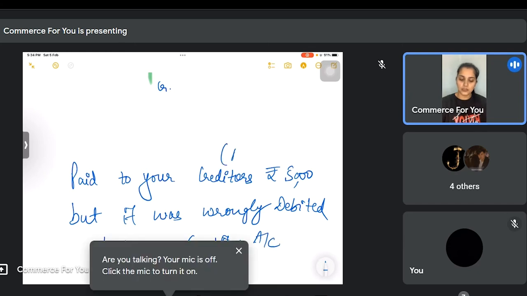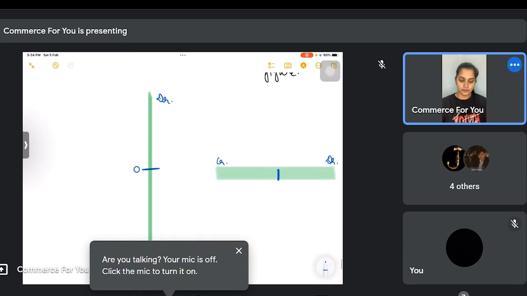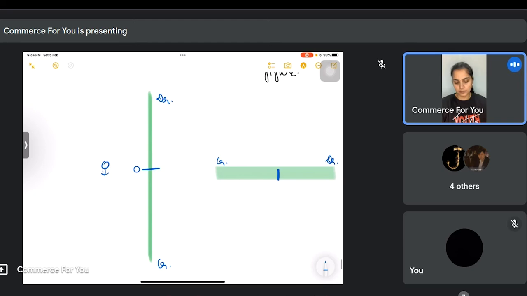Let's say your creditor is Mr. Z. तो अब क्या होगा? This is the position of Mr. Z.